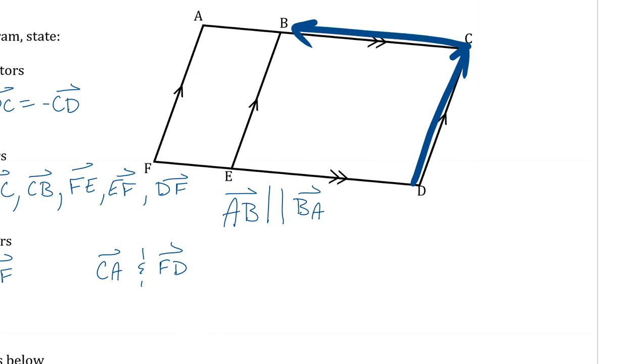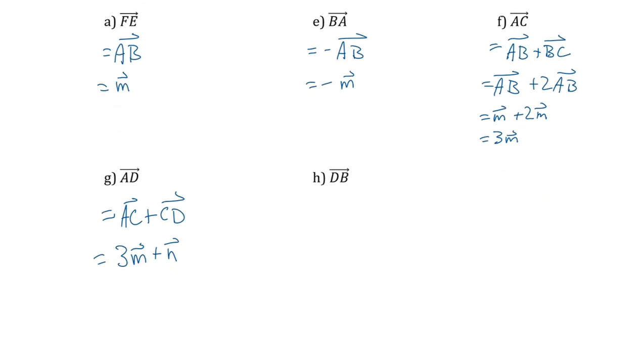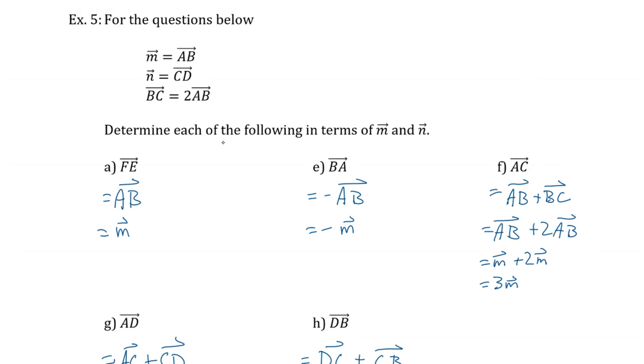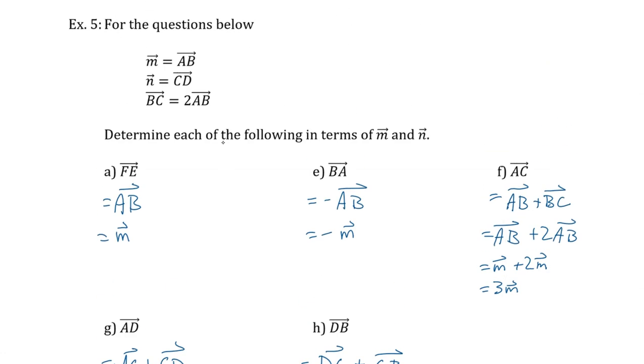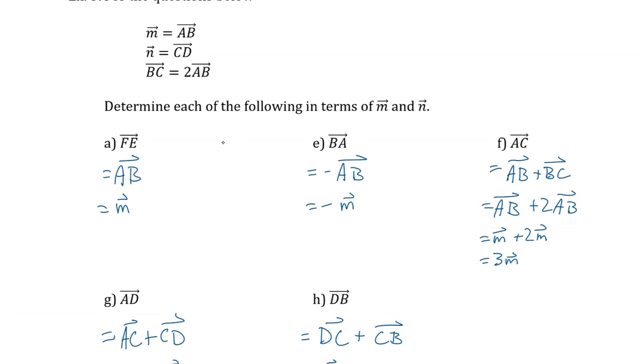So to go from D to B, I can change this to DC plus CB. And DC, so N is CD, so DC is negative N. And CB is negative BC.